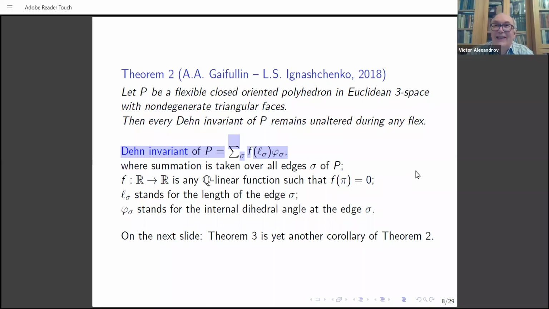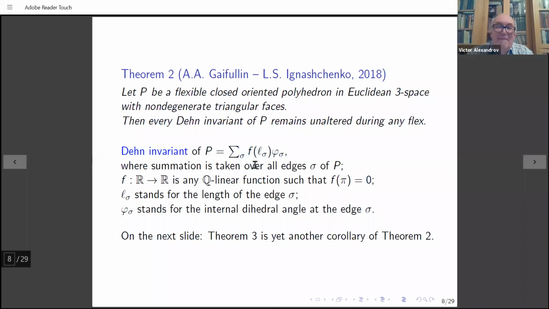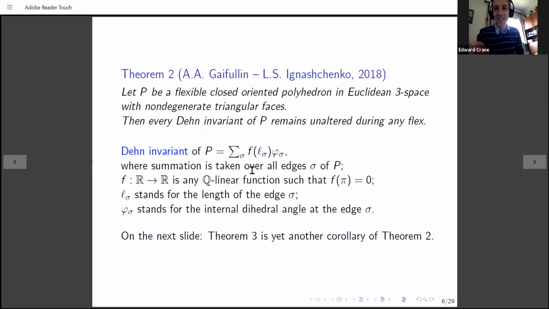Yes, of course. L sigma should be multiplied by the value of f calculated for phi of sigma. Yes, sorry.